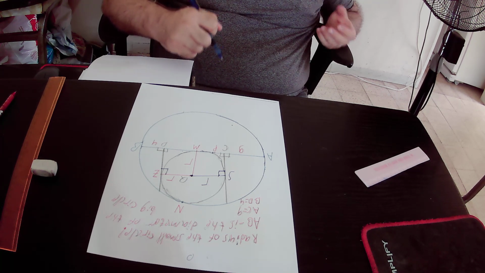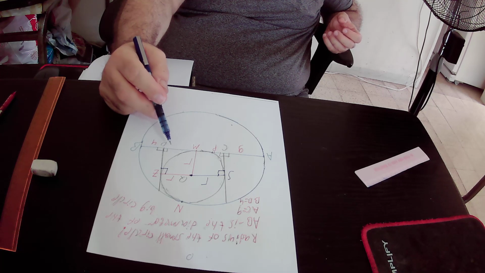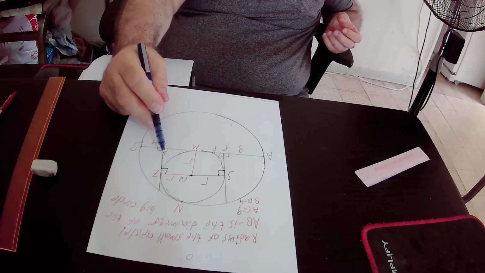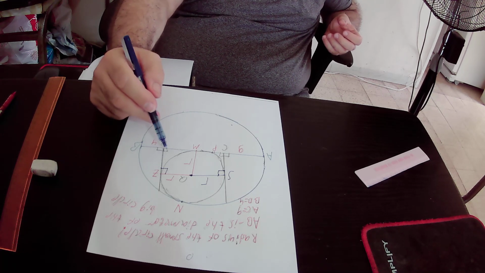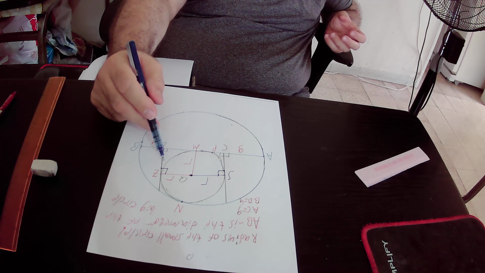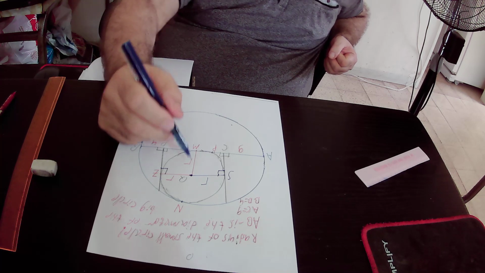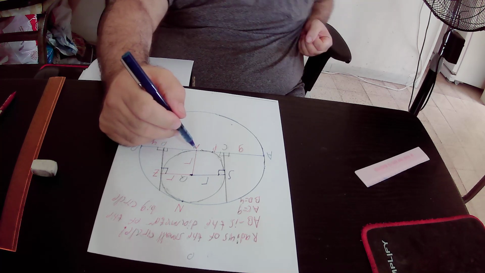So whenever you draw a radius to the launch point between the circle and the tangent, then that radius will be perpendicular to the tangent. And also here we have a radius that is drawn to the launch point.